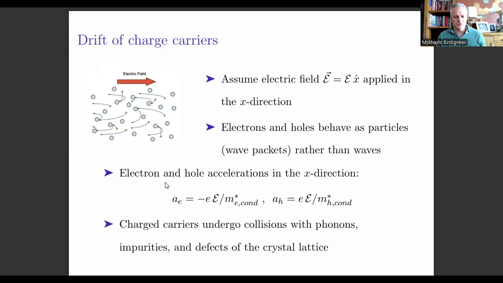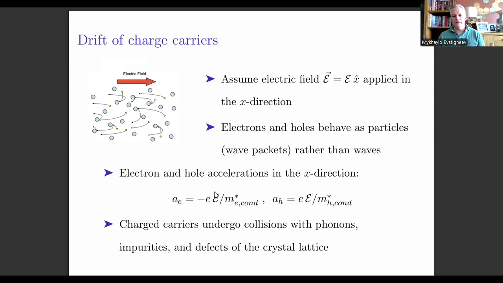So the acceleration of the electron is the force divided by the electron mass. The acceleration of the hole is the force divided by the hole effective mass, and we should be using the conductivity effective masses. So hence the subscript conductivity.